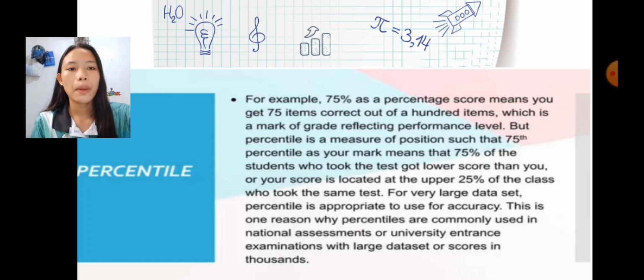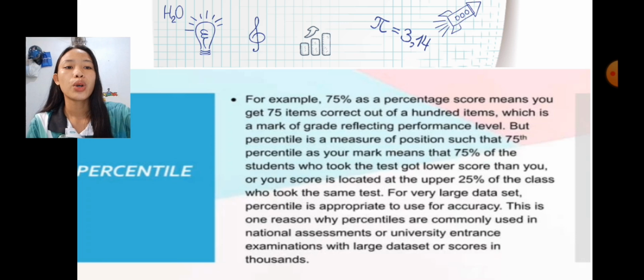But percentile is a measure of position such that a 75th percentile mark means that 75% of the students who took the test got a lower score than you, or your score is located in the upper 25% of the class who took the same test.